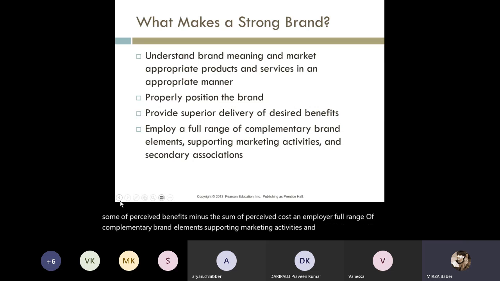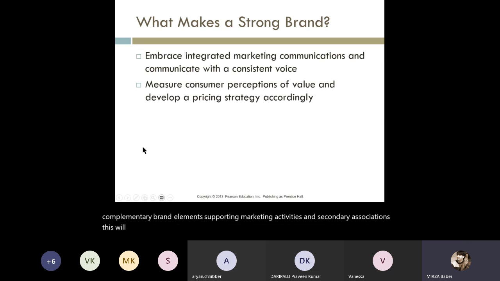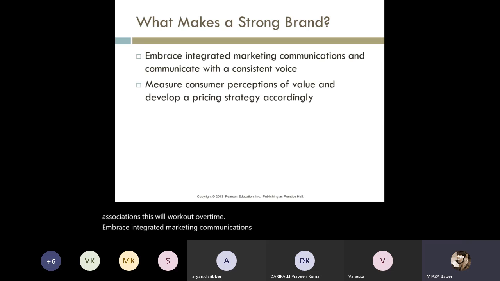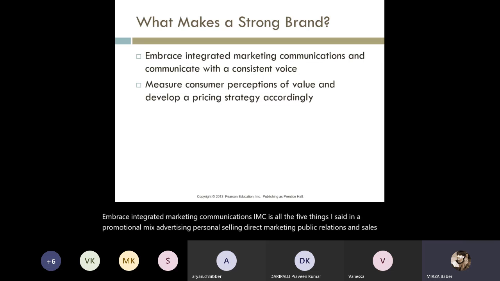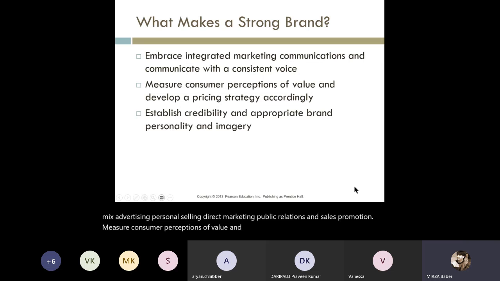This you'll work out over time. Embrace integrated marketing communications. IMC is all the five things I said in a promotional mix: advertising, personal selling, direct marketing, public relations, and sales promotion. Also, measure consumer perceptions of value and develop a pricing strategy accordingly.